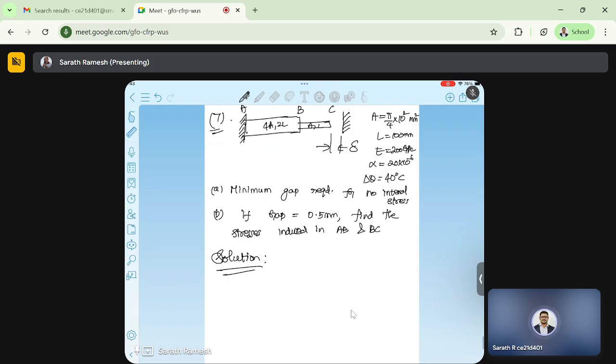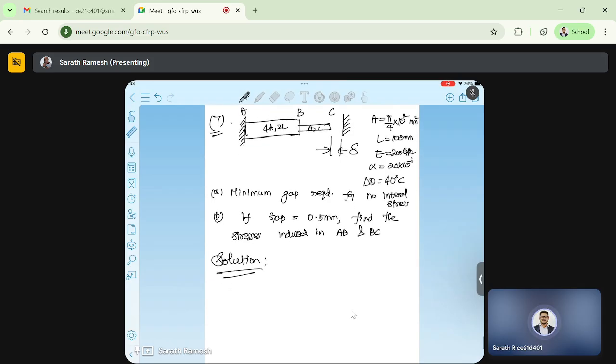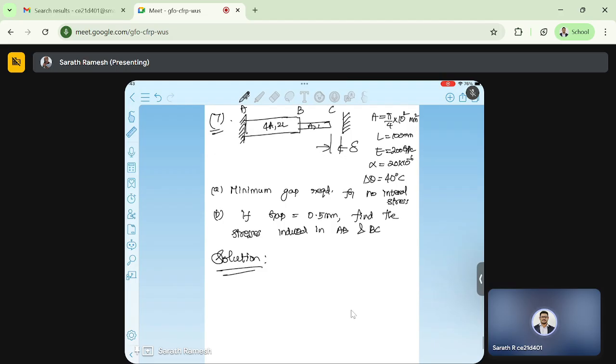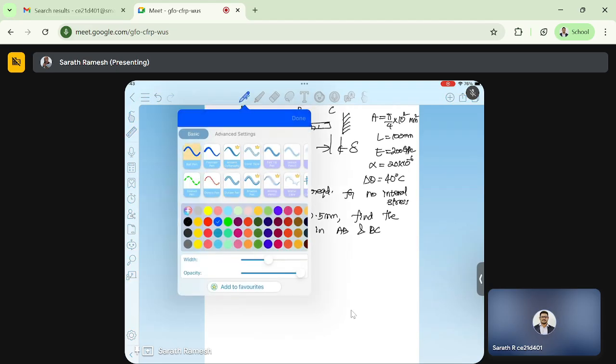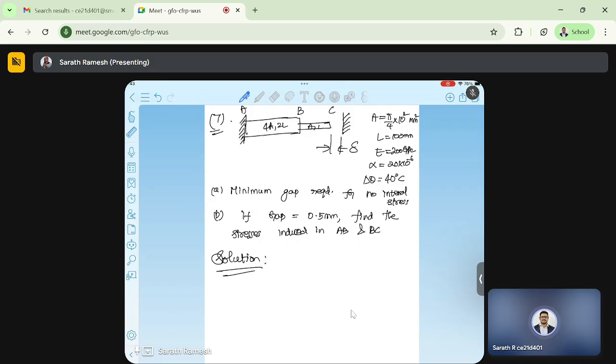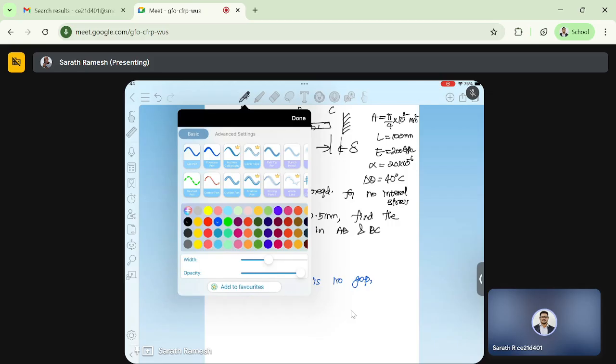So whenever there is a gap, the procedure that we adopt is we assume that there is no gap and draw the free body diagram, proceed solving, and then we equate the displacement at that particular location with the gap value. So assume there is no gap, or the gap is closed, and draw the free body diagram.